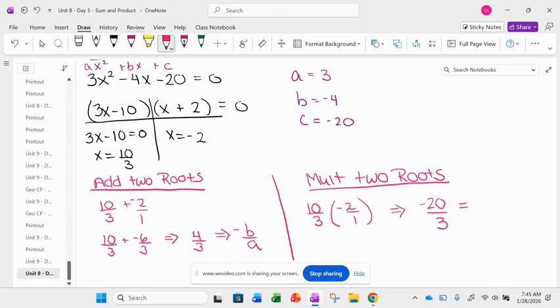Well, what is that in terms of A, B, and C? Charlie? C over A. Guys, this is not a coincidence. Anytime you add the two roots together, it will always be -b/a. Anytime you multiply the two roots together, it will always be c over a.